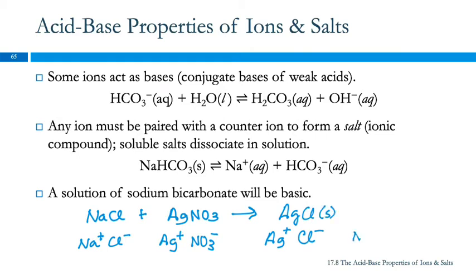And then we've got sodium and nitrate. Like, well, silver and chloride paired up, I guess we'll talk to each other. But these are like friends. They're not enemies or anything, but there's no chemistry between them. And so these just stay in solution. So we would write this as NaNO3 aqueous.